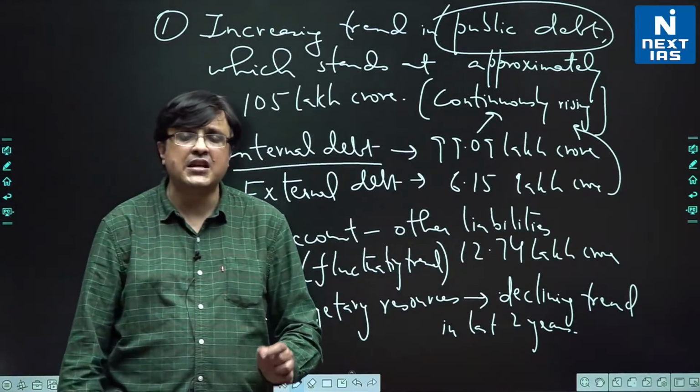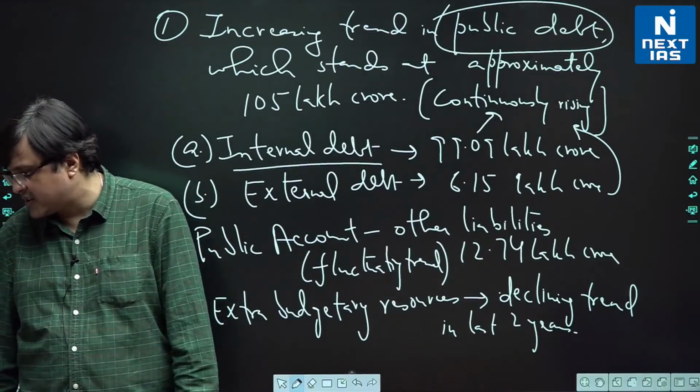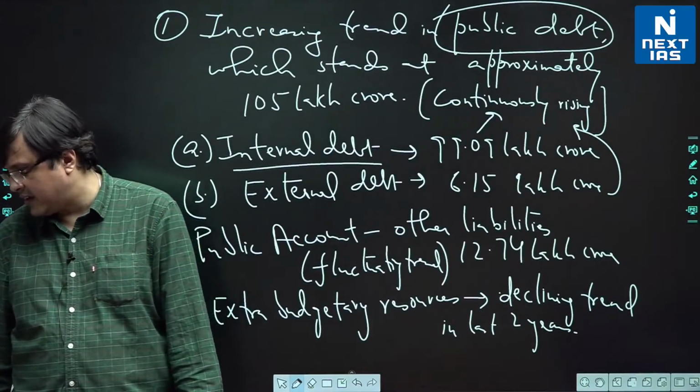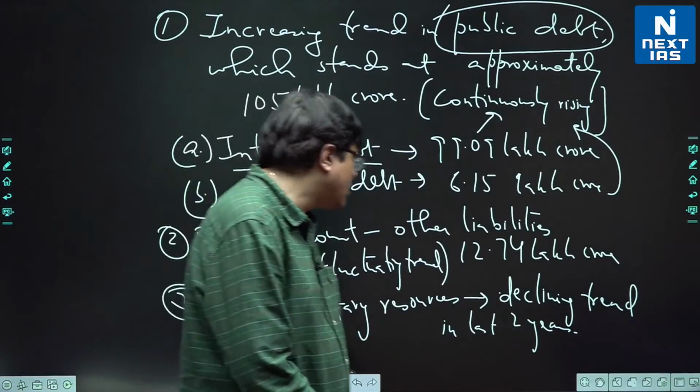From this year a very important change has been brought, that is 21-22. The government brought a very important change which RBI notified in November-December, that is the retail direct scheme.